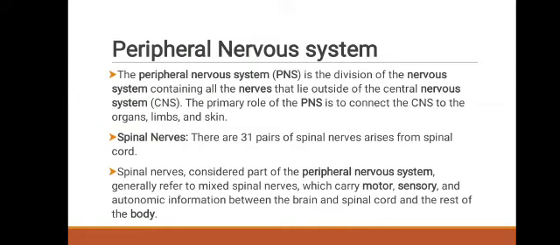Nerves are made up of single neuron which carries nerve impulses, or they are made up of chain of neurons. In that efferent or motor nerve, sensory or afferent nerve or mixed nerve, all this information we discussed in earlier slide.